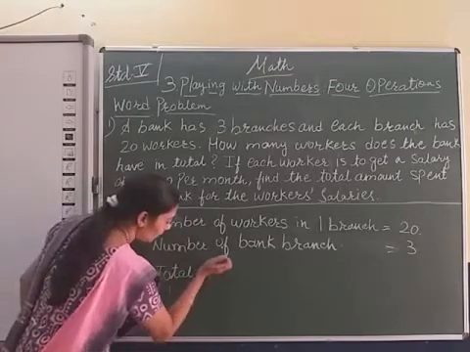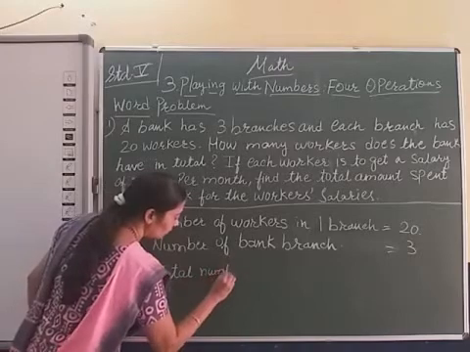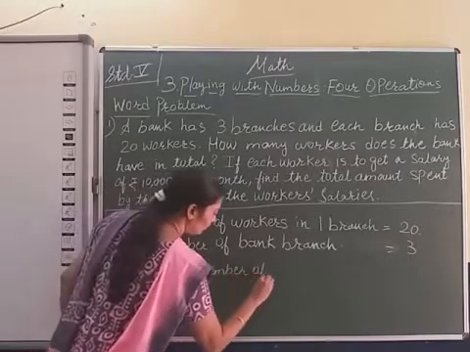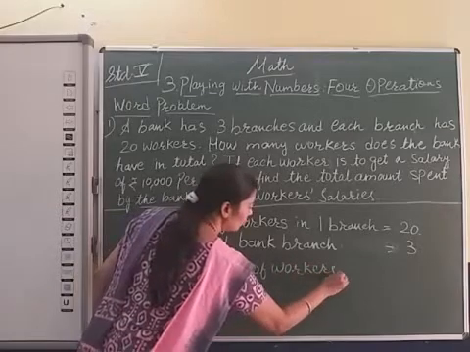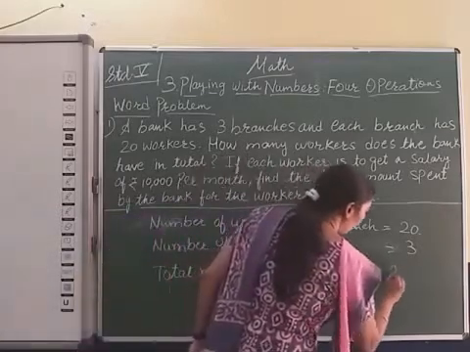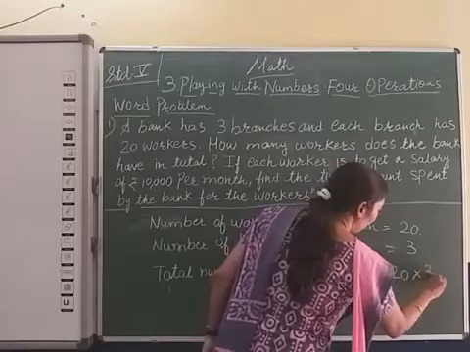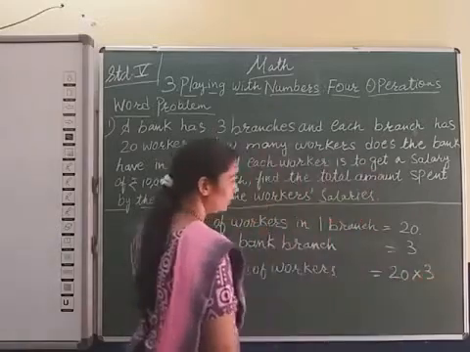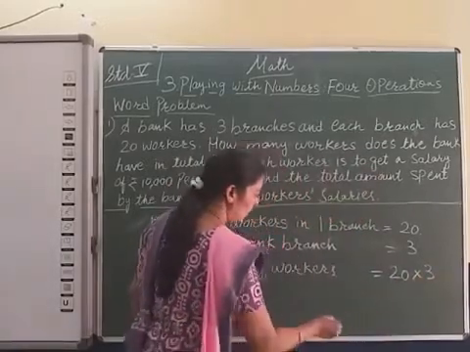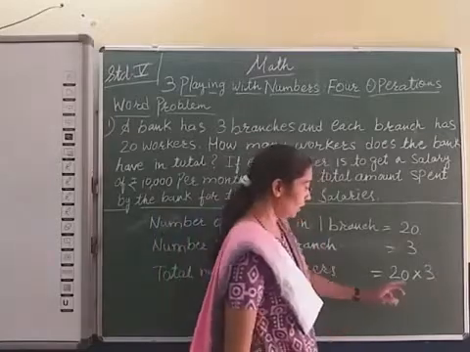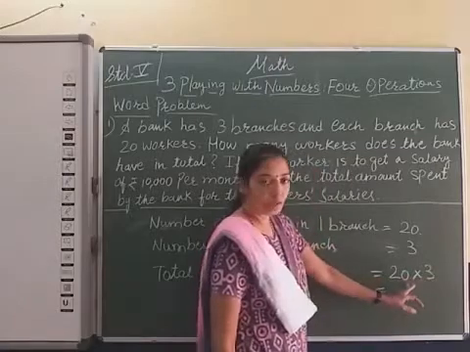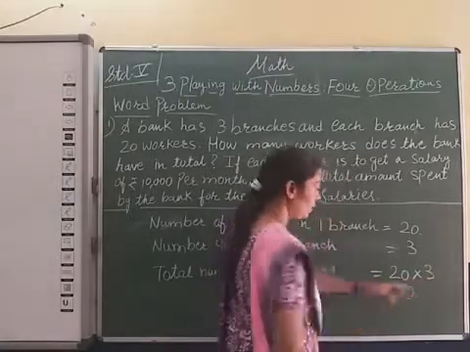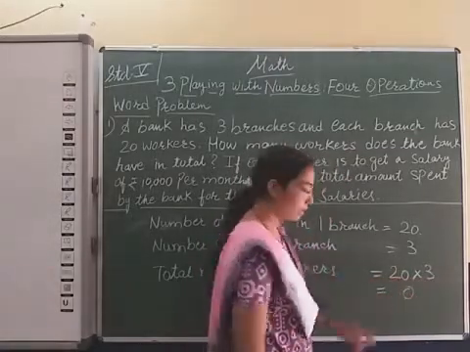So now we find the total number of workers. Total number of workers is equal to 20 multiplied by 3. Yes. So 20 multiplied by 3 is equal to, how do we multiply? 3 into 0, 0. 3 into 2, 3 twos are 6.